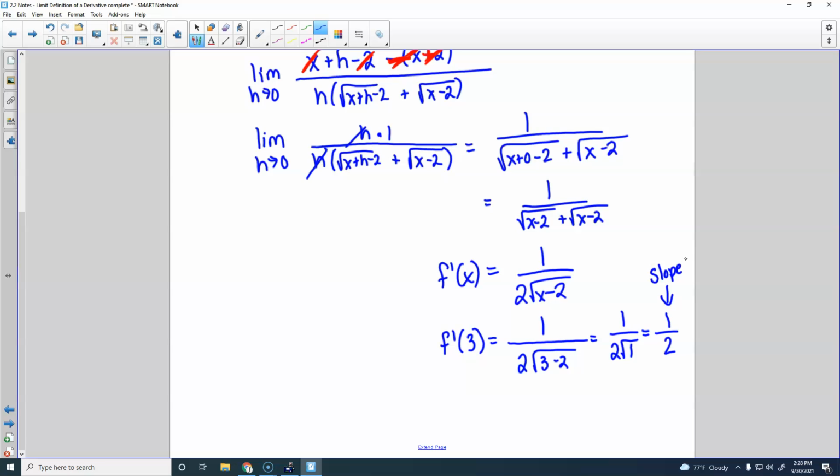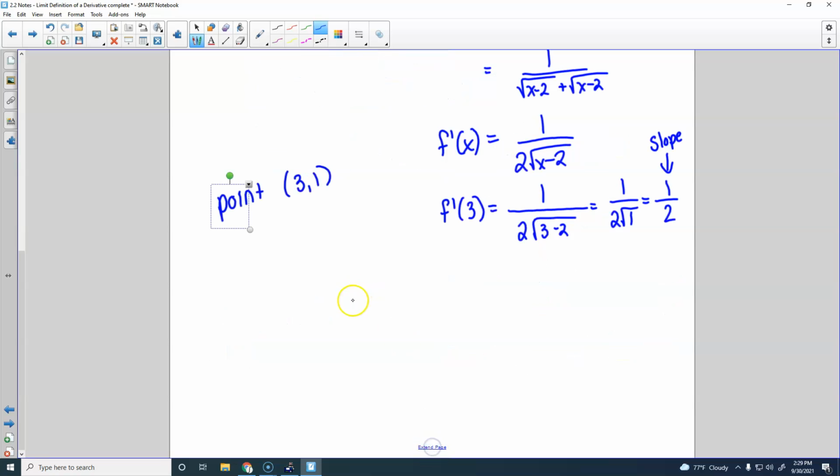And way back up there, we had our point, which was (3, 1). So there's going to be a lot of calculus you've got to do, but now we're down to a Math 1 problem, right? We have to write the equation of the line that passes through (3, 1) and has a slope of 1/2.